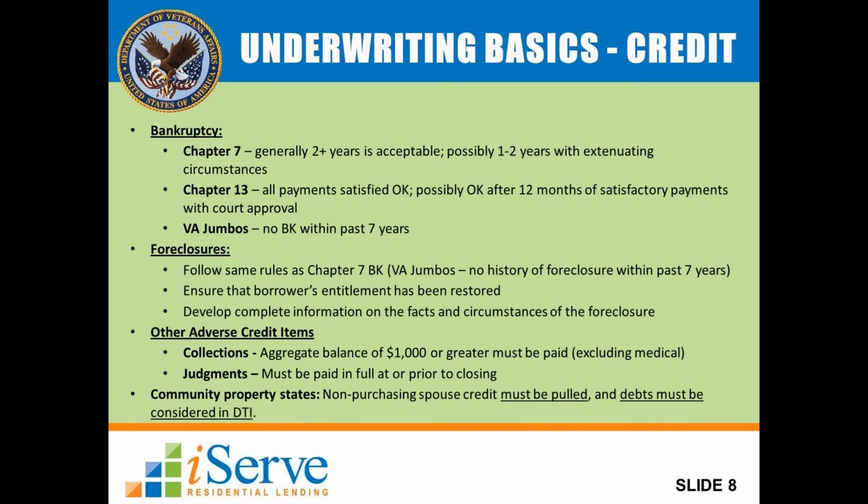They can possibly do it if they're in their payout period and they have 12 months of successful satisfactory payments, as long as they get a court approval. The judge is authorizing that they are okay to enter into the transaction. The exception on BKs, if you go above 417, is that they can't have a BK within the last 7 years.